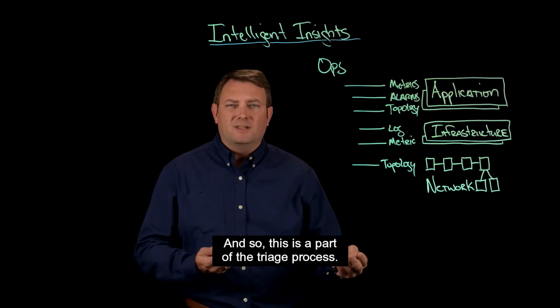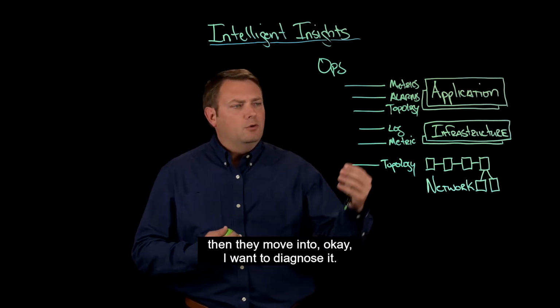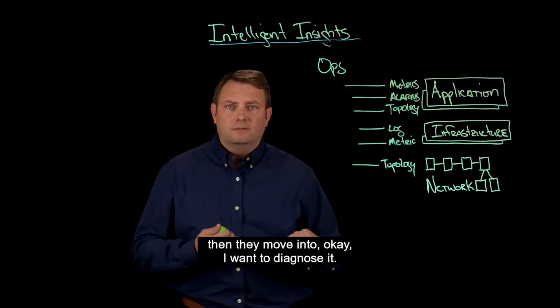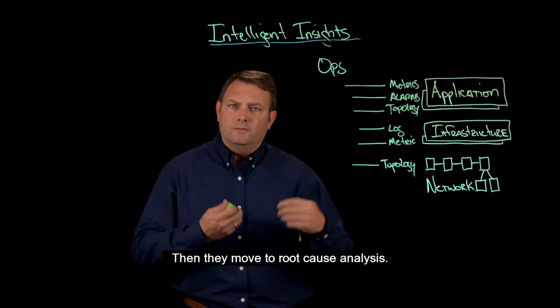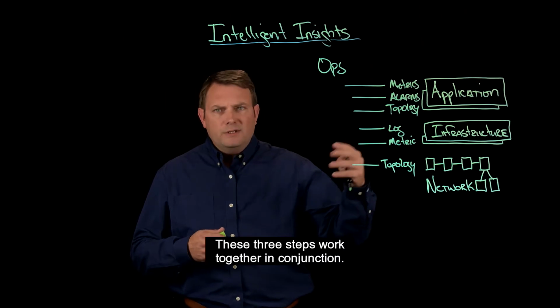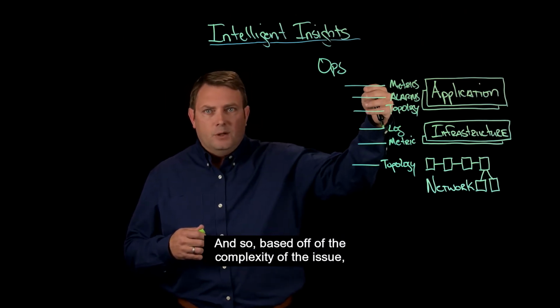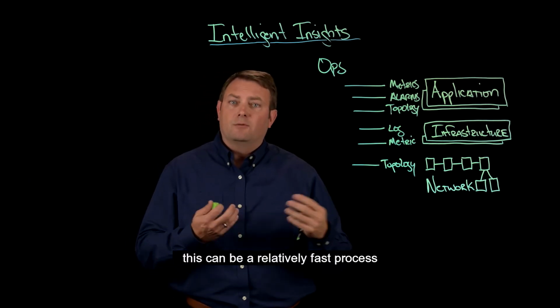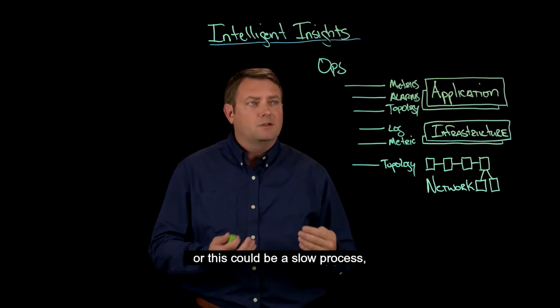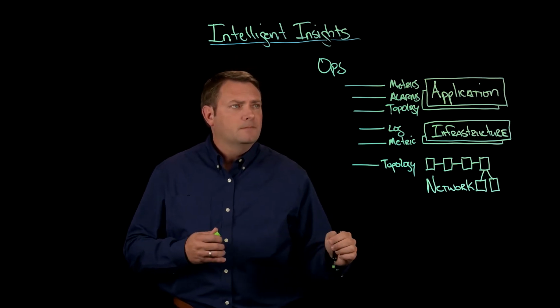This is a part of the triage process. Once they have it triaged, they move into, okay, I want to diagnose it. What caused it? And they move to root cause analysis. These three steps work together in conjunction. Based on the complexity of the issue, this can be a relatively fast process or a slow process, but it generally progresses through those stages.